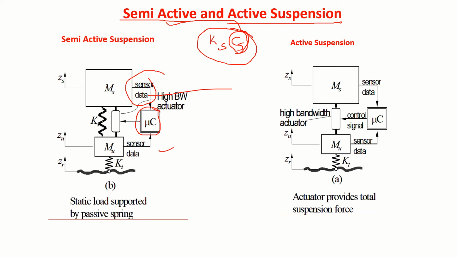Then it will make a decision based on that, what should be the damping value of that, and changes the damping coefficient of this shock absorber. So that's what happens in a semi-active suspension system. But it is not going to work on the stiffness of the spring. Here, no, decide what should be the force, and accordingly the force is controlled. Okay, this is the basic principle.